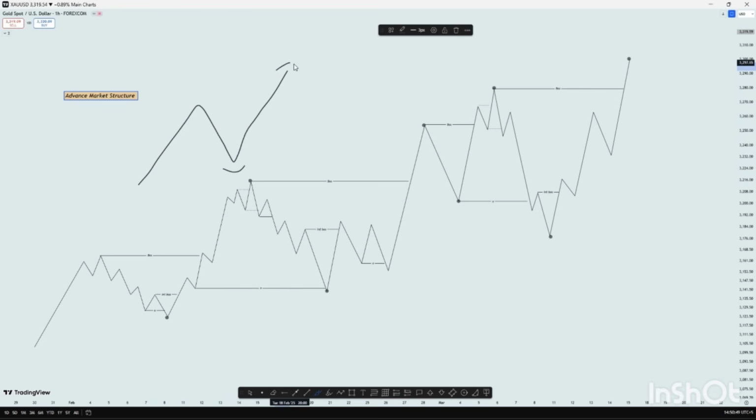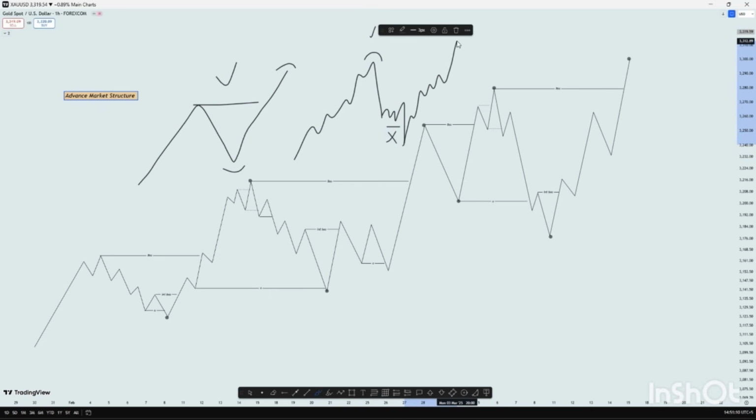Now what happens is that whenever the market breaks a high, it does not break through the same move or the same canvas. So what does it do? If there is a high like this, a weak high, and the market pulls back after the liquidity sweep, it will normally break the structure in this case.